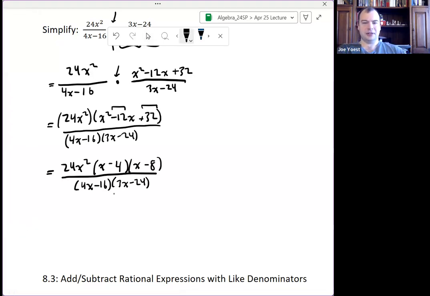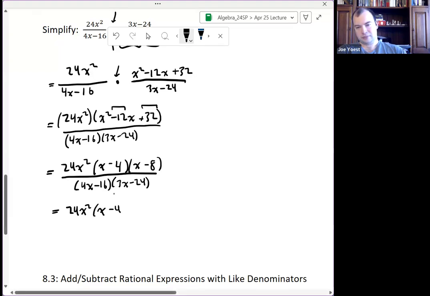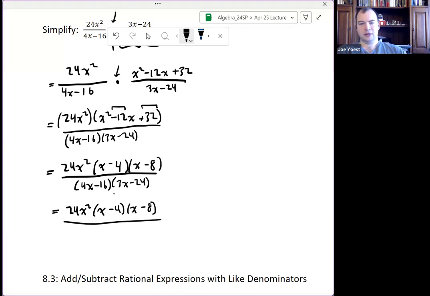I actually could factor out a greatest common factor, at least from the first one. 4x minus 16, both terms, the 4x and the 16, have a factor of 4. So I could factor this into 4 times x minus 4.